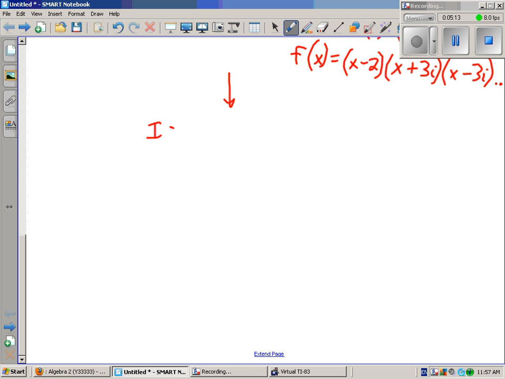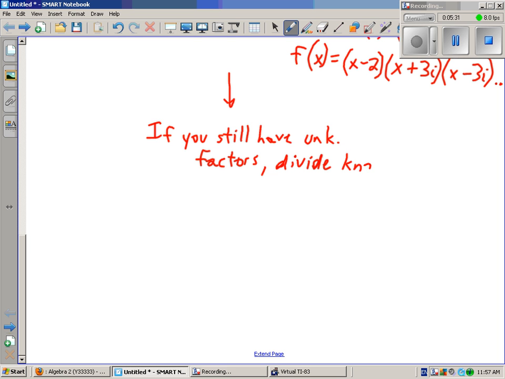So if you still have unknown factors, now we need to divide. You have to divide the known factors in. Now there's two ways of doing this.